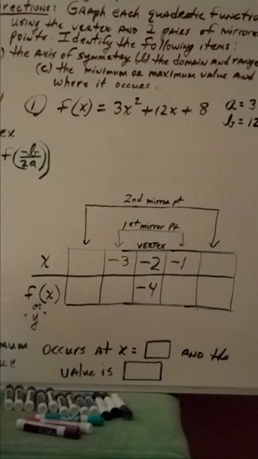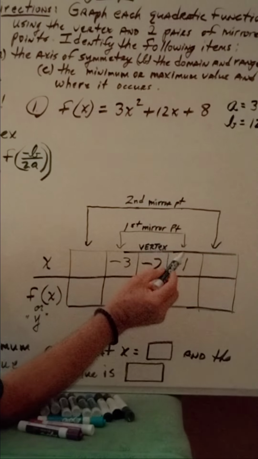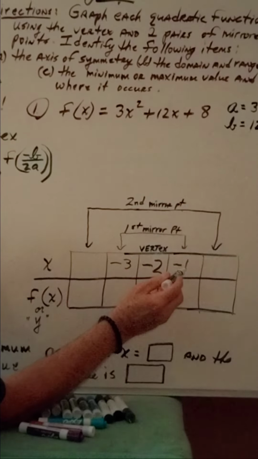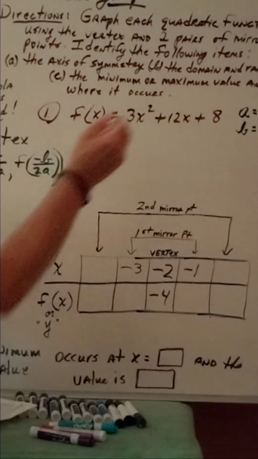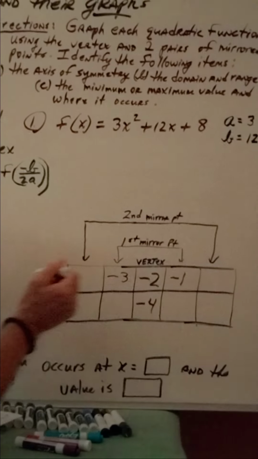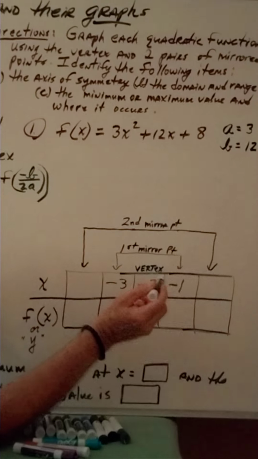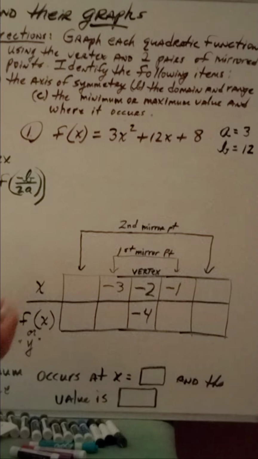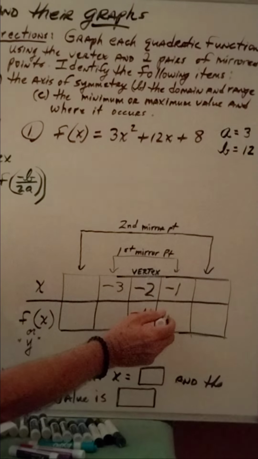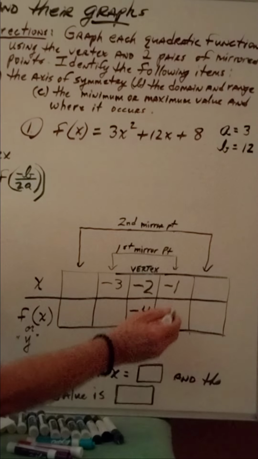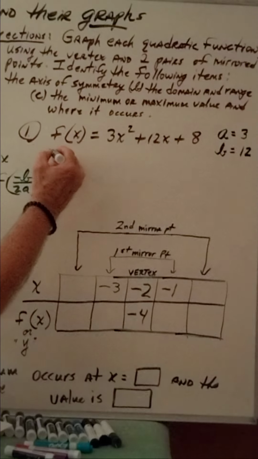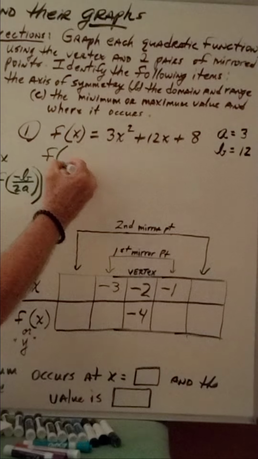So when we evaluate this, we don't have to evaluate both the -1 and the -3 inside that function. We just pick one of them, and I'll pick the -1. So now we're going to find the y value when the domain is -1.